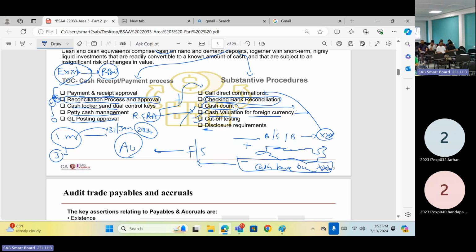I'm asking, at 31st December 2023, is this a cash item? Because after 1 month it will get matured. As at the reporting date, 31st December 2023, is that cash?